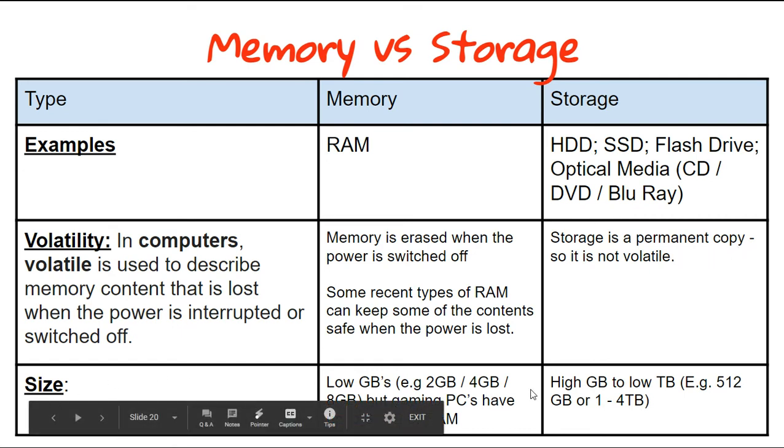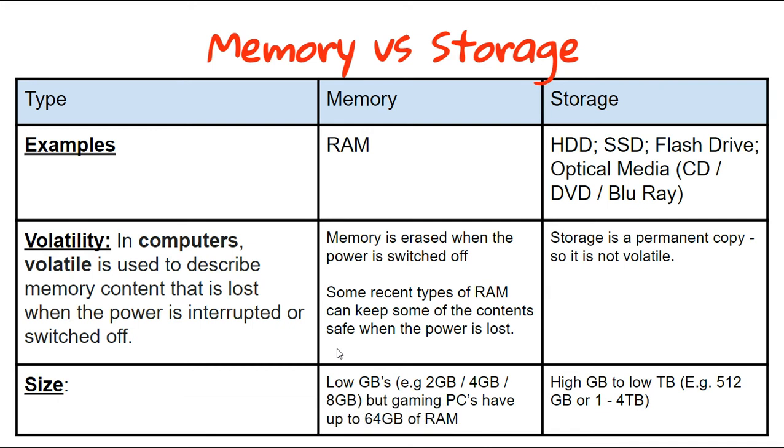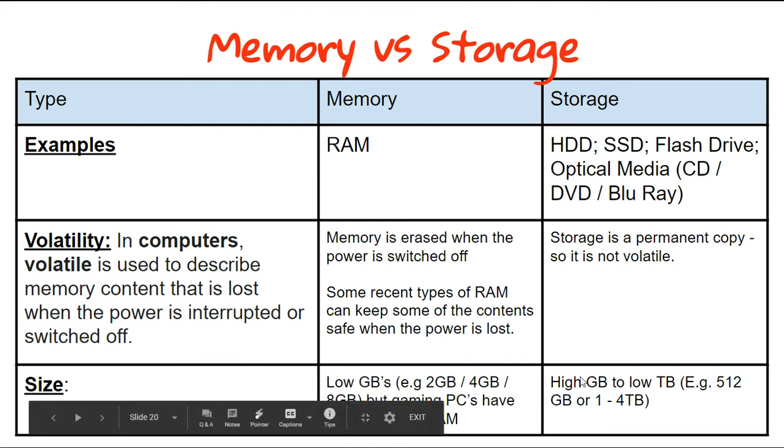Size. If I buy a computer, generally the amount of RAM in the computer is 2 gigabytes, 4 gigabytes, 8 gigabytes. Gaming PCs could go up to 64 gigabytes. That is really expensive. So you're probably looking at 4 to 8 gigs on a computer.